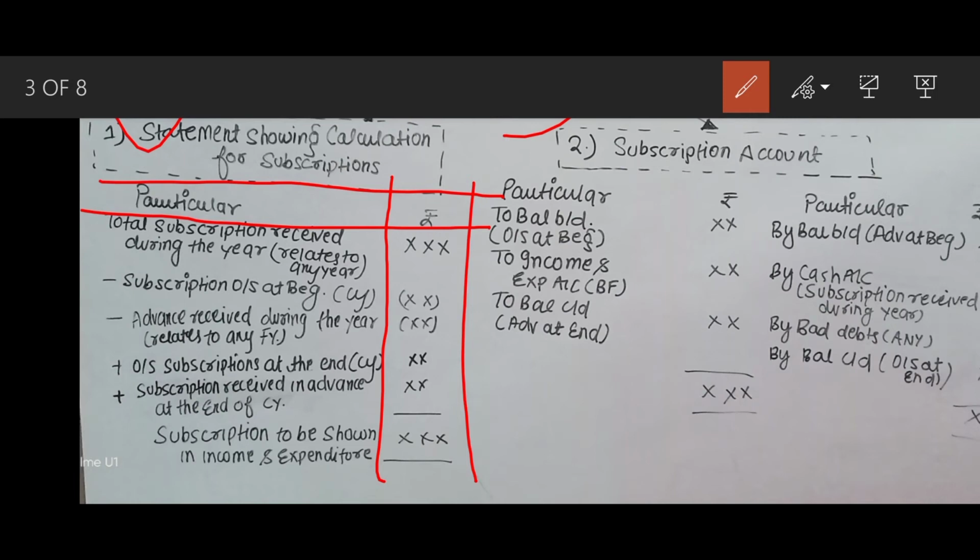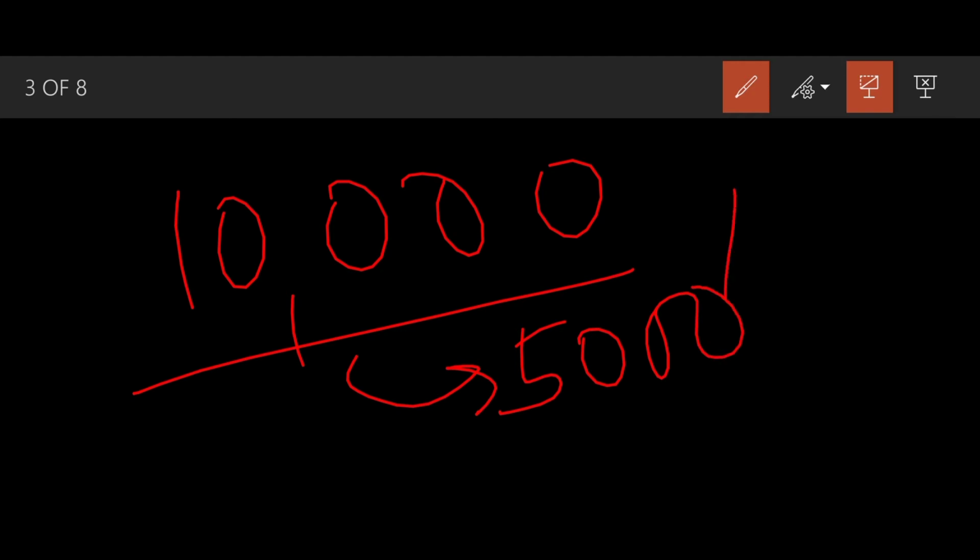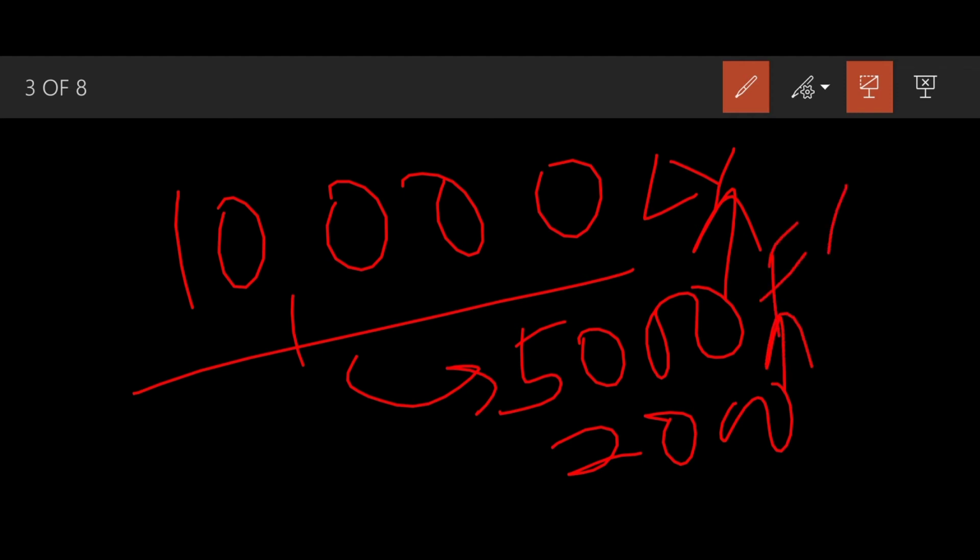So for total subscription received, firstly we have to write the total subscription received during the year, related to any year. Suppose you have received 10,000 as subscription, but from this amount, 5,000 relates to last year and 2,000 relates to a future year, meaning advance.